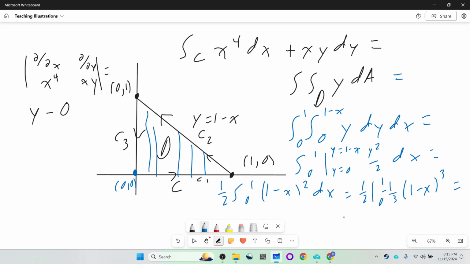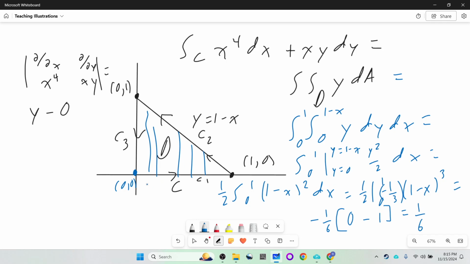And then if I plug in 1, I get 0. If I plug in 0, I get 1. So 0 minus 1, which would be 1 over 6. That's my answer.